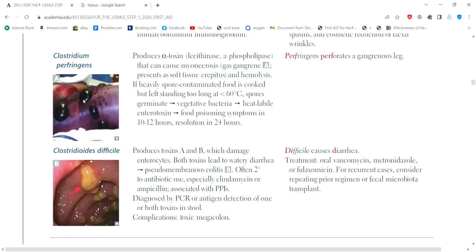Gas gangrene presents with soft tissue crepitus and hemolysis. If heavily spore-contaminated food is cooked but left standing too long at less than 60 degrees Celsius, spores germinate, and this causes vegetative bacteria, and this causes heat labile enterotoxin, and this causes food poisoning symptoms in 10 to 12 hours, resolution in 24 hours.